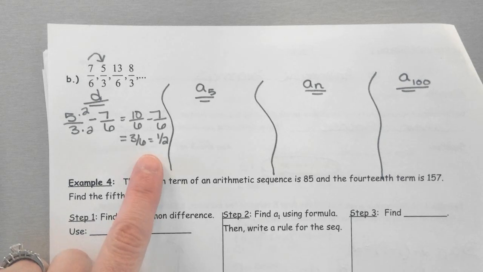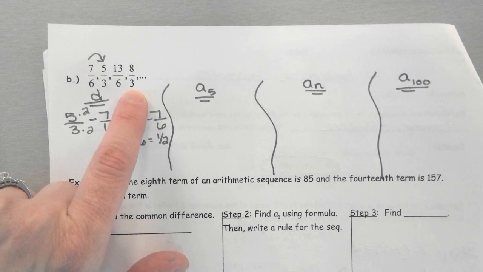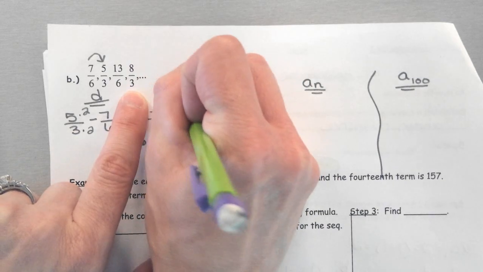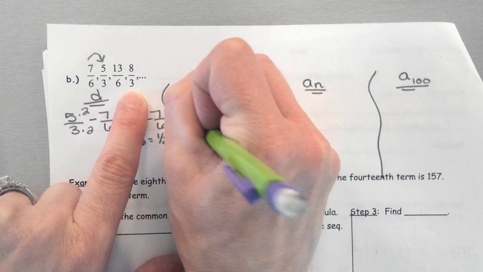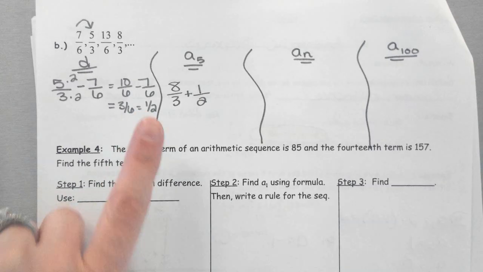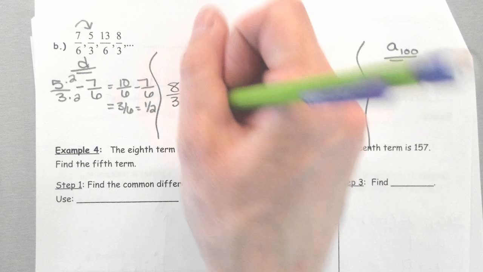All right, if I'm adding 1/2 every time, how can I find term 5 if I know term 4? You're always adding. Yep. Is that what you were saying? Okay, well, it worked for answering my question, so I'm just going to go with it. You're always adding because you're continuing to add 1/2. So you're going to take your previous term and add 1/2 and add 1/2 and add 1/2.